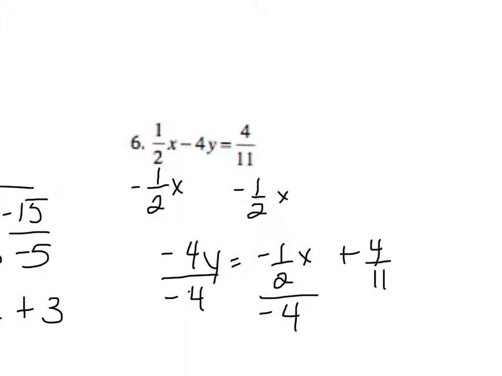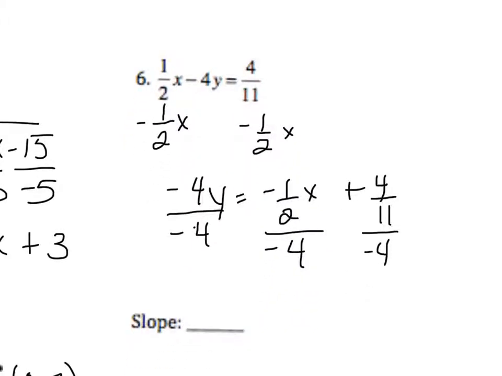And you can use your calculators to help you. So you're going to get y equals, let's see, 1/8 x, and it's positive. This is going to be negative 1 over 11. So like I said, you can totally use your calculators for that.